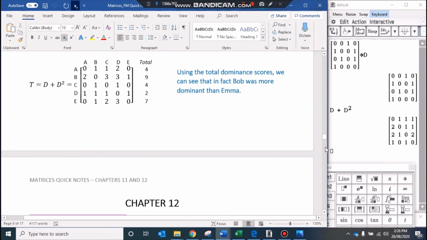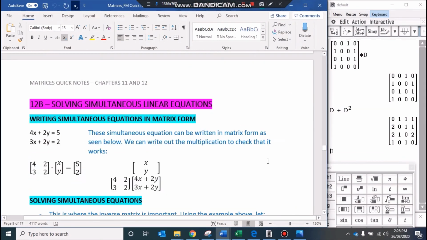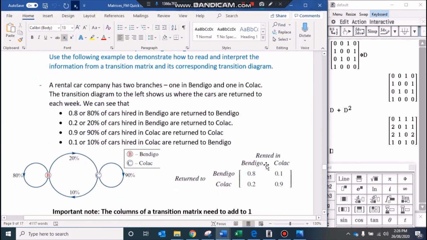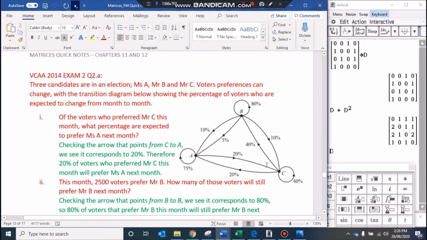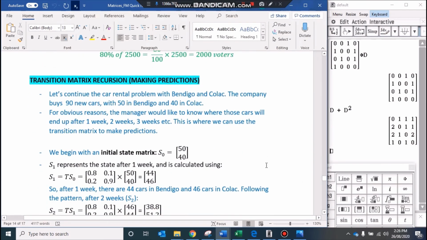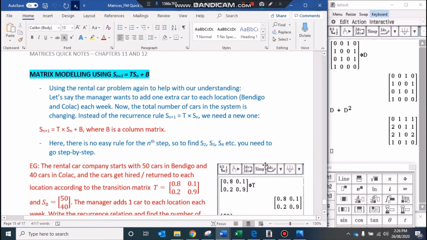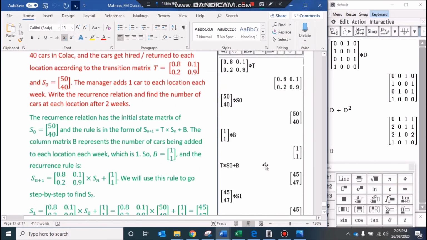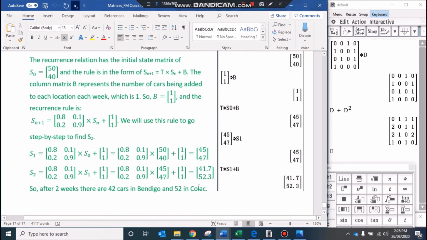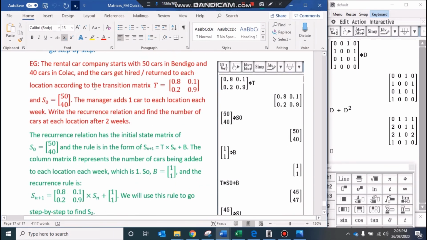A quick example might refresh and explain why. If we remember back to our notes about the car rental company, they were adding one car to each location each week, and that meant that the B matrix in this occasion was 1, 1.